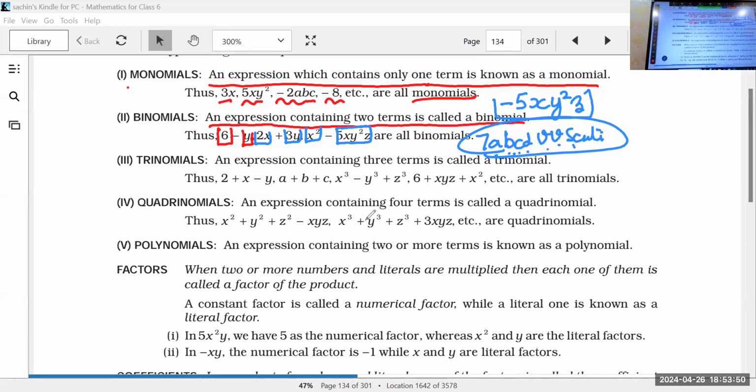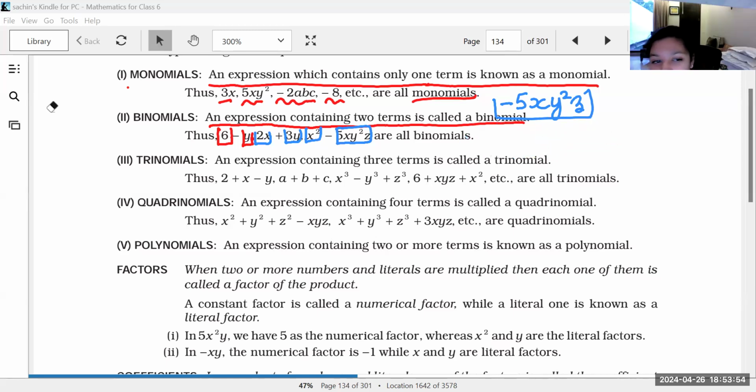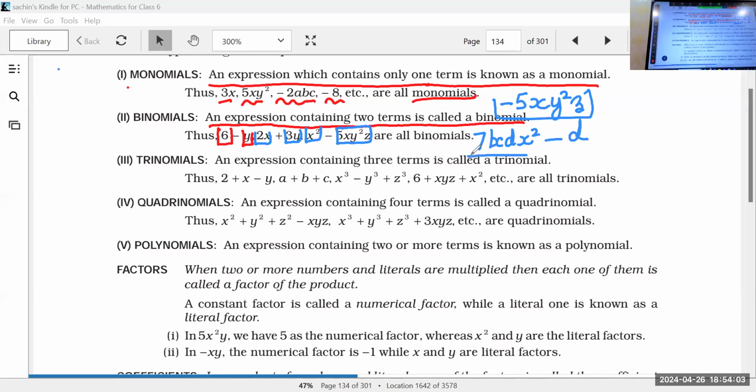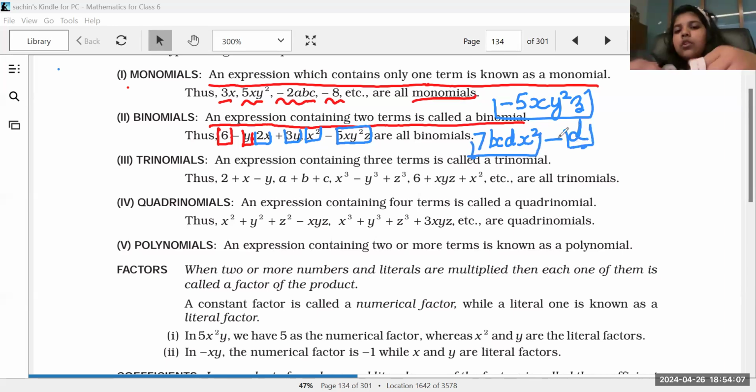Also, an expression could be 7 into bcd x square minus d. Yes, this is a binomial. This whole is one term, this is another term, so two terms means binomial.